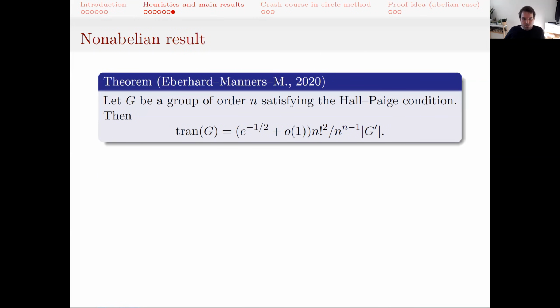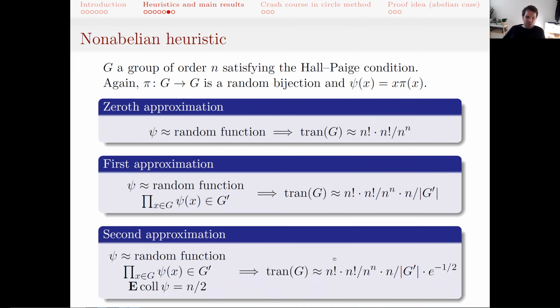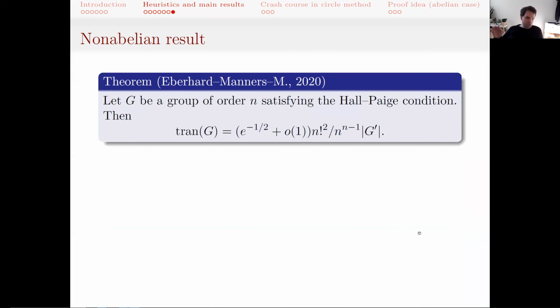And last year, we proved that this second approximation is also basically correct. So we proved that the asymptotics for the transversal is basically what we also had for the abelian groups, except for this adjustment by the size of the commutator subgroup.